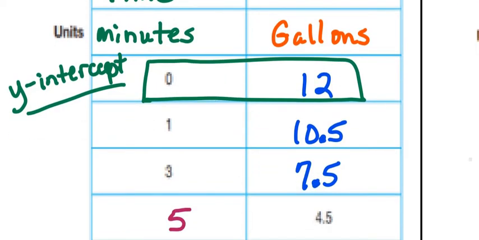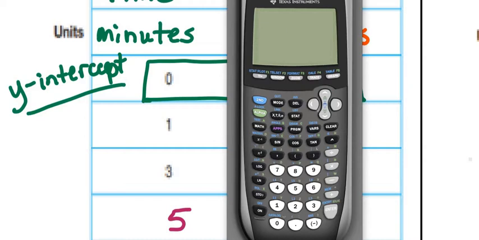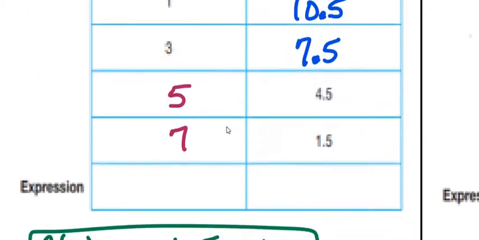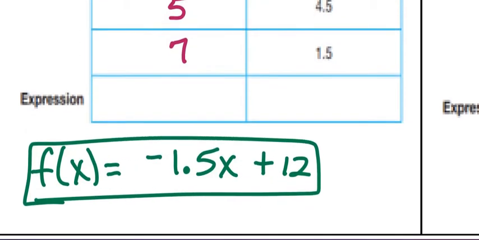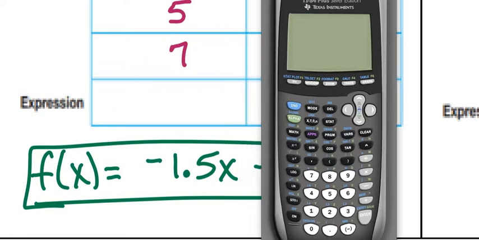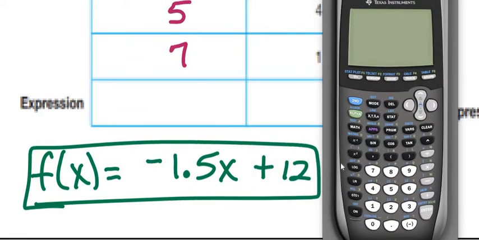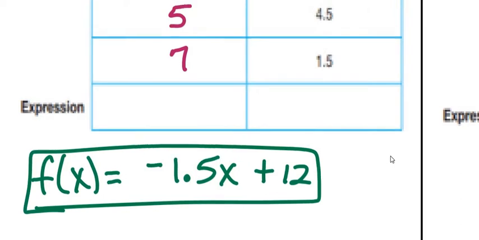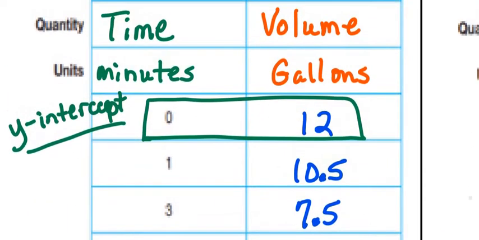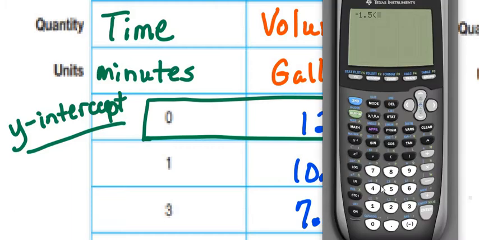So I can take my calculator, I can go right here, and remember we're going to use that 1.5. So I'm going to move this over here, I'm going to turn it on, and I'm going to take a negative 1.5 parentheses, and I'm going to substitute in these numbers right here, 0, 1, and 3, one at a time.